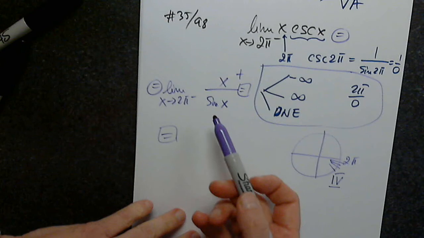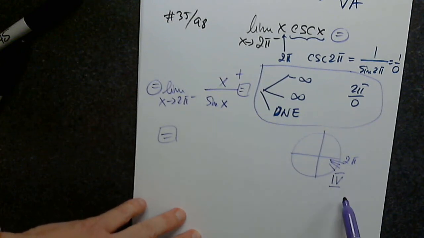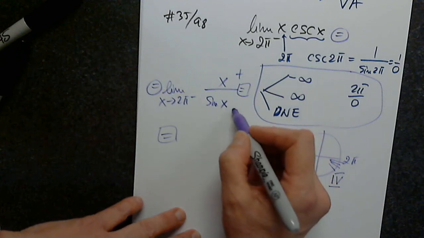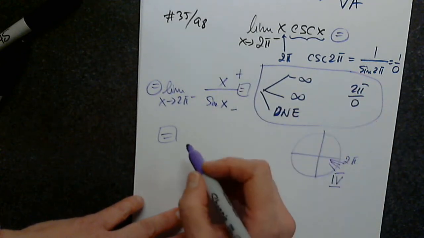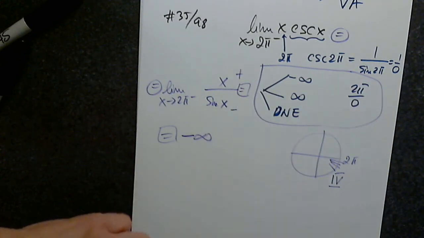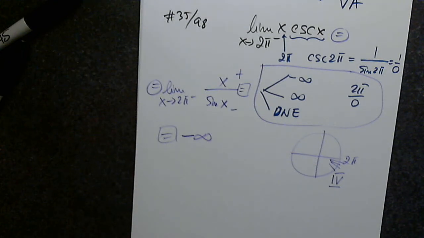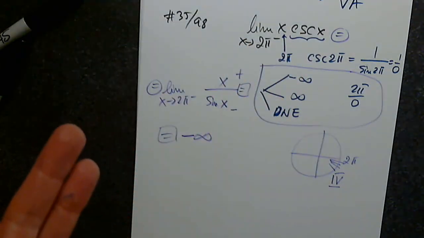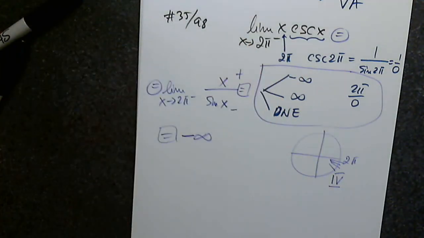But I'm trying to establish the sign of sine in the fourth quadrant. Negative. So positive over negative. We knew that we had to have one of these. There was no other choice. That's it. All I had to establish was the sign.